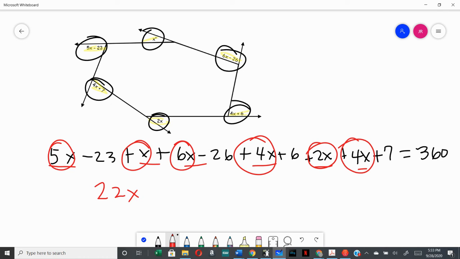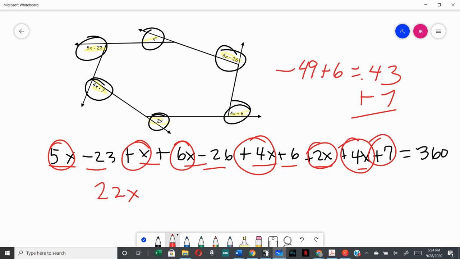And then I have minus 23, minus 26, that's minus 49, plus 6, that's negative 43, and plus 7, and negative 43 plus 7 is negative 36.